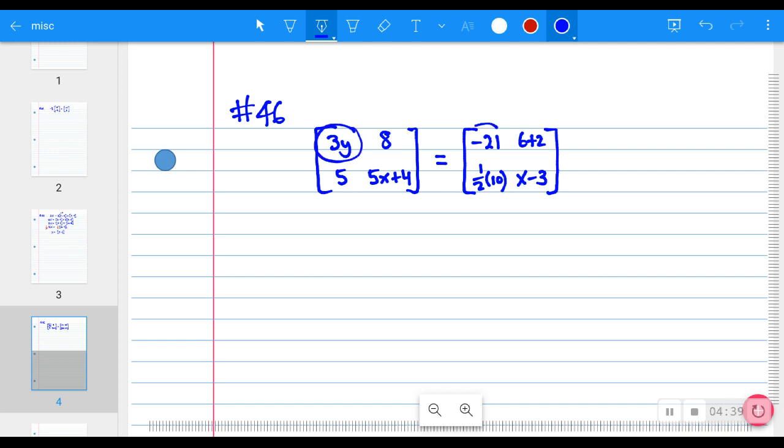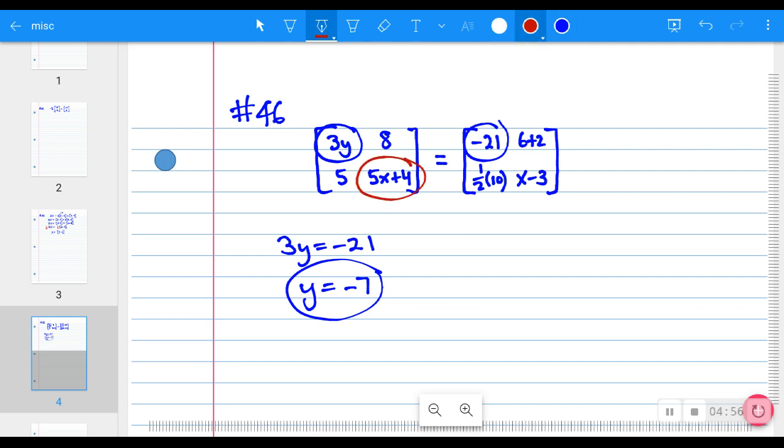Top left corner equals top left corner. Oops. I guess I'm thinking ahead to the answer here. Dividing by 3 gives negative 7 for the y value. And then if you switch to the bottom right corner equal to the other bottom right corner, you'll end up with 5x plus 4 equals x minus 3.